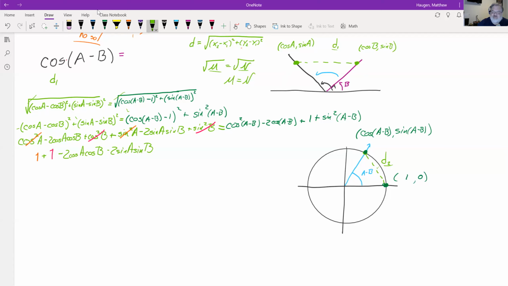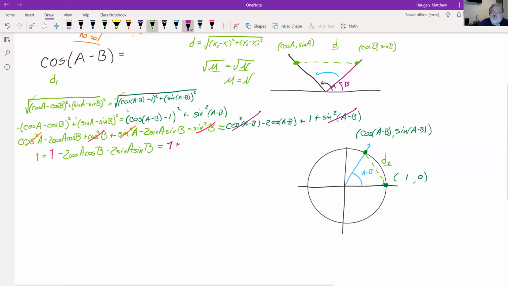But that's okay. We got rid of some big, huge chunks there. On the other side, yeah, it's cosine squared a minus b and a sine. I get you. There's a cosine squared of a minus b plus a sine squared of a minus b. So again, that's a 1.